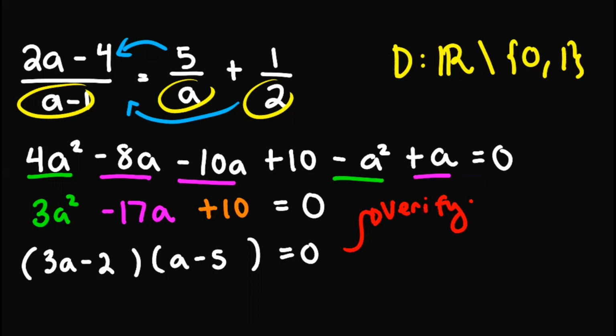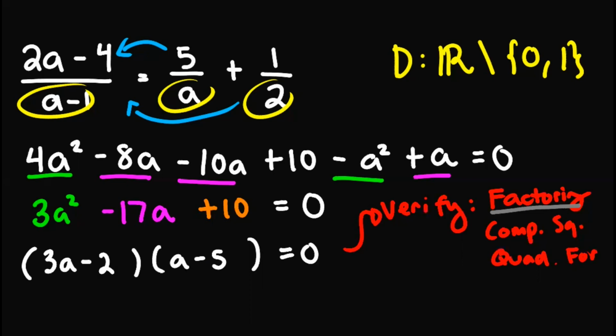You can verify that by checking out my factoring quadratic equations video. So there are 3 methods. We can use factoring, we can use completing the square, or we can use the quadratic formula. But for this one, I think the best option is using the factoring method, since it's straightforward.